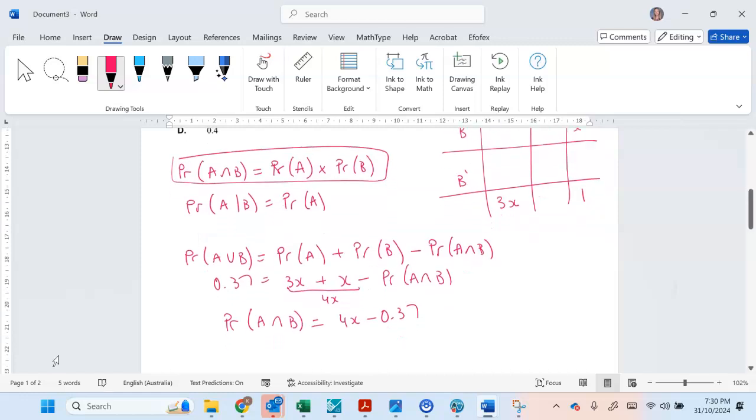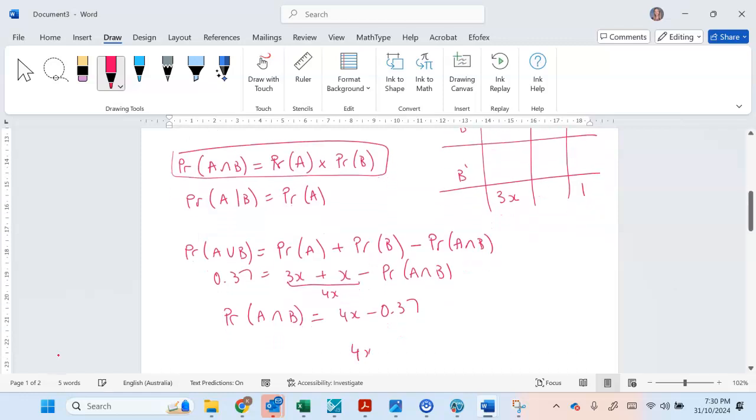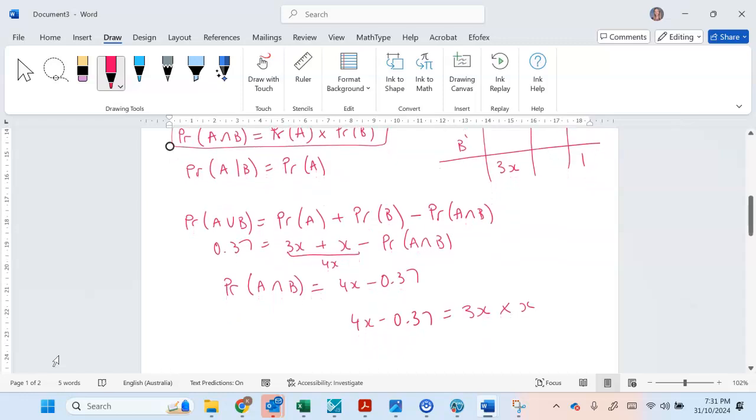So we've got 4x minus 0.37, that's the left-hand side of that independent events formula, which is equal to the probability of A, which is 3x, times the probability of B, which is x. Now, I could tidy this up a little bit if I wanted to. So remember, that's 3x squared, 4x minus 0.37, and I could just do solve on my calculator.